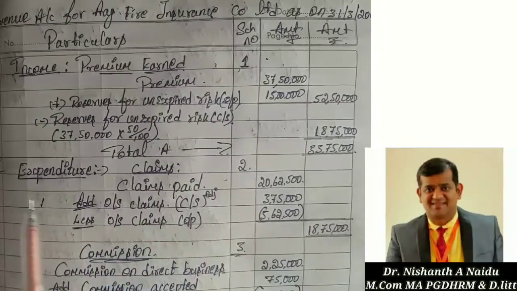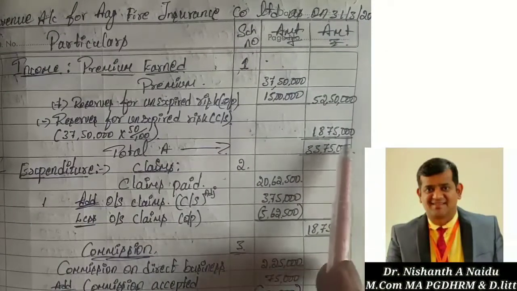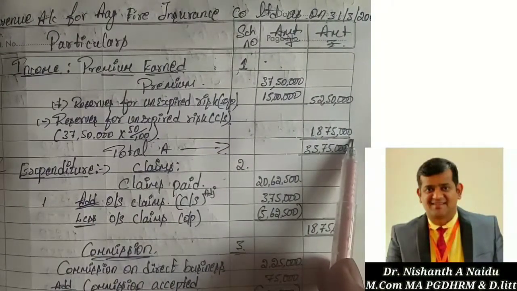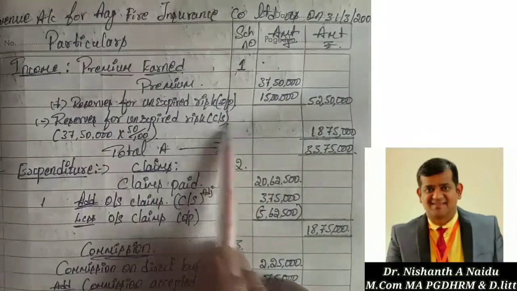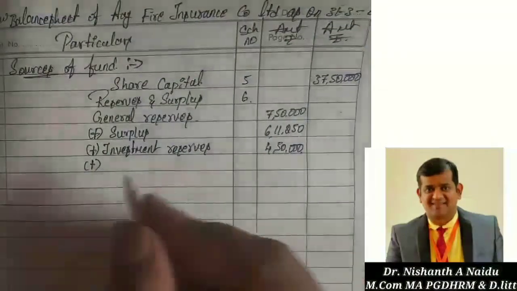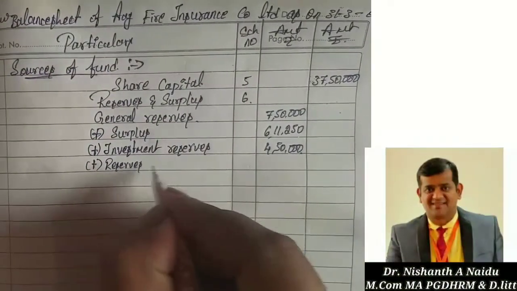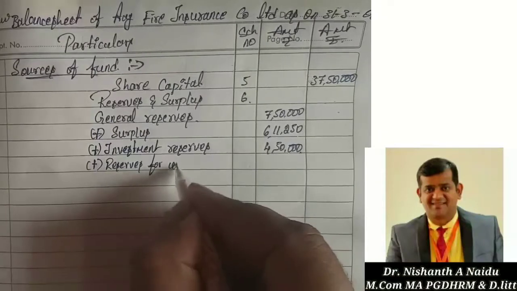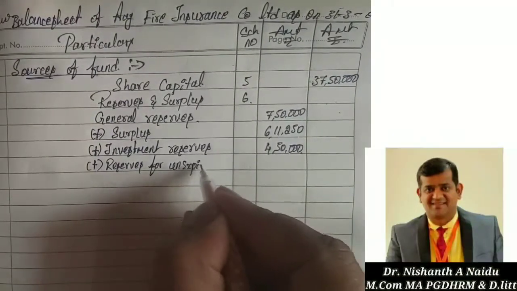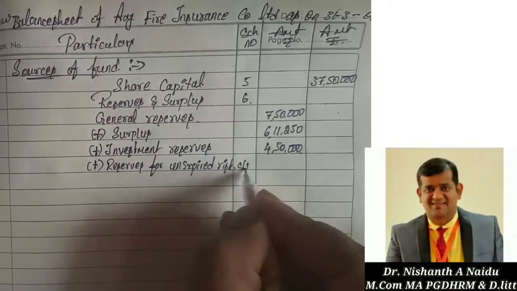That is 18,75,000. Correct. See, reserves for unexpired risks, 18,75,000 rupees. That is closing, 18,75,000. So that we have to take care. So reserves for unexpired risk, closing balance.